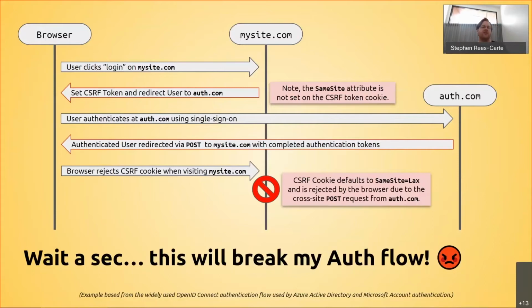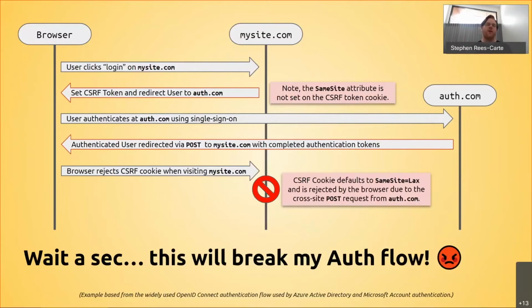So when Google announced SameSite Lax by default, a bunch of companies went away and thought about how it was going to affect their things. And Microsoft came back to Google and said, wait a sec, this is going to break things. Because they realized that as part of the OpenID Connect authentication flow that Azure Active Directory and Microsoft account uses, it was going to break the flow.